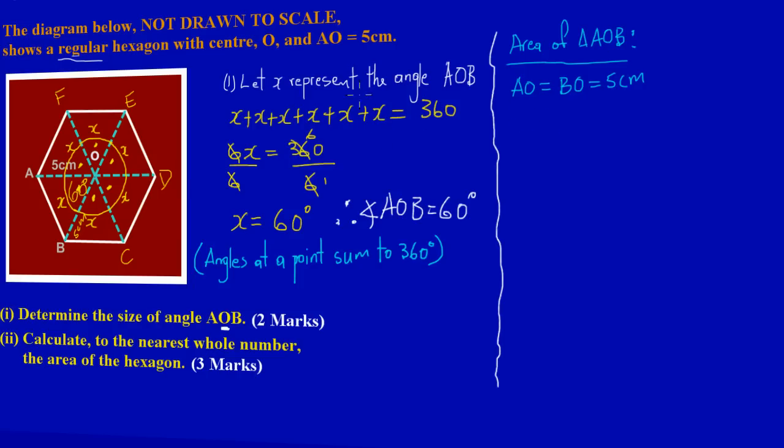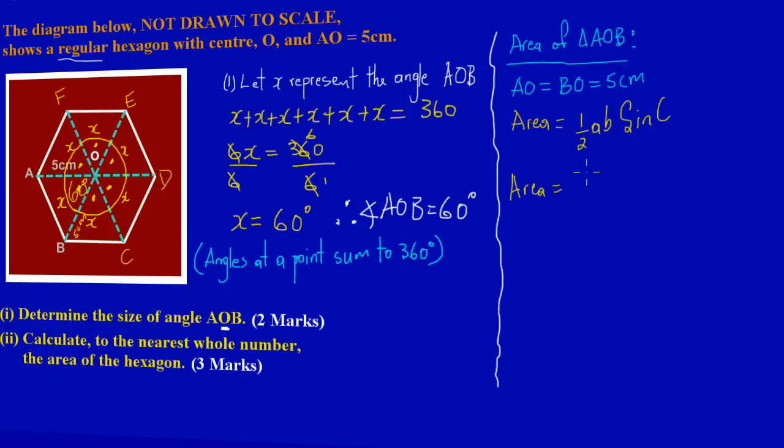So I can simply say now that the area is equal to, the sine formula says, half of ab sine C. Now, what is happening here is I'm finding the area of triangle AOB.